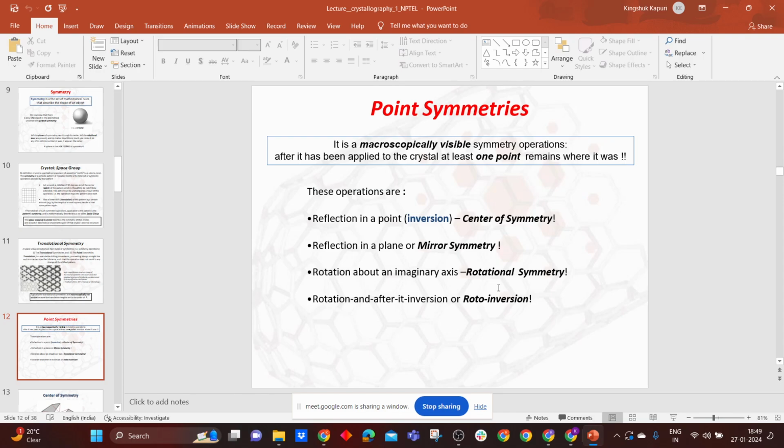Then that line will pass through the center of the sphere. In this case we have considered a sphere, but it can be any kind of mineral block, let's say. If this happens, then and only then will that figure or block have a center of symmetry. Okay, do you get it, guys?